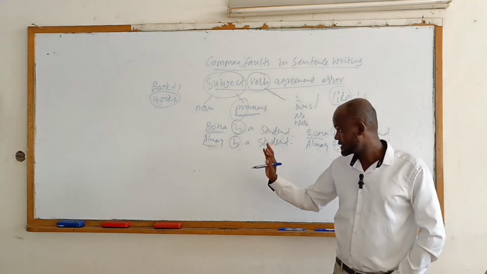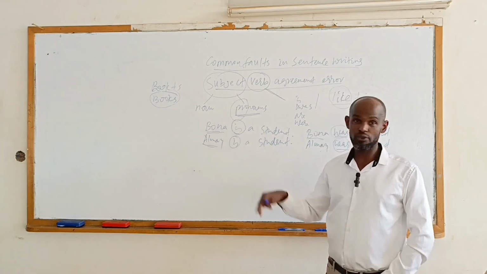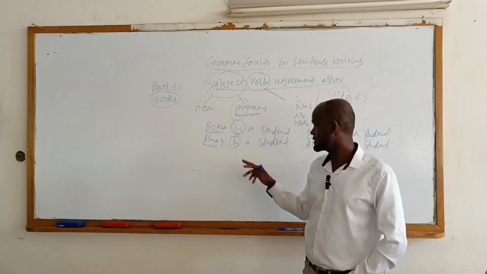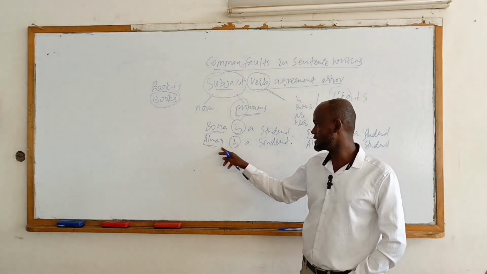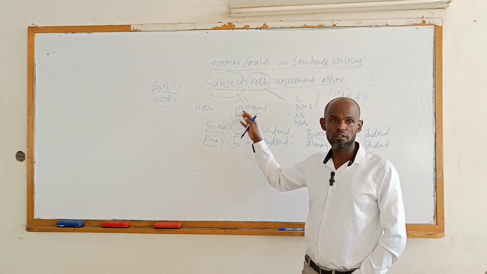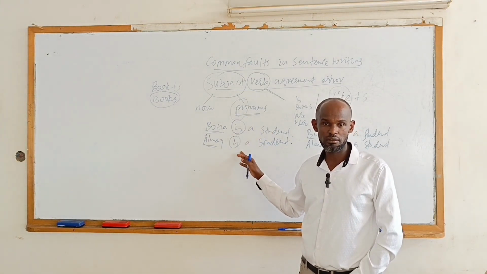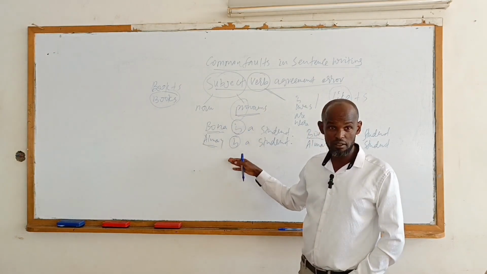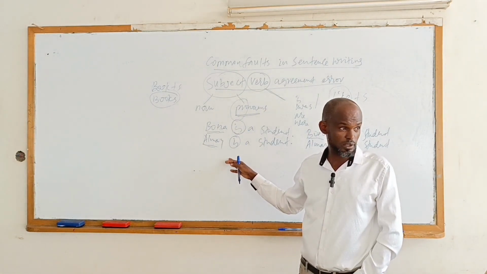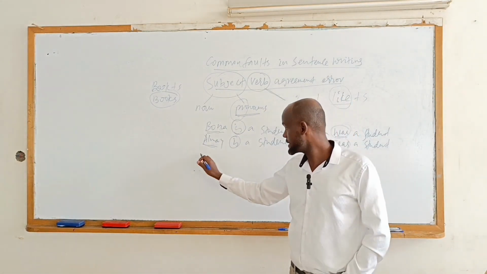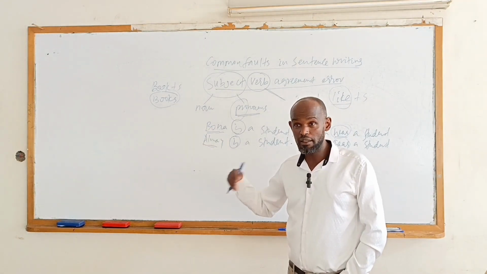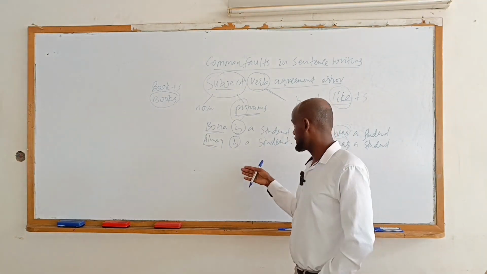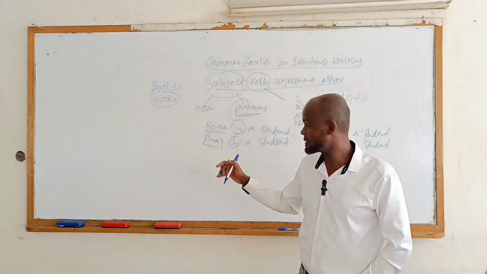Now, let's combine the two subjects together. If Bona is a student, if Almaz is a student, what if we write these two sentences in one sentence? We can, isn't it? We can merge them together to have a single sentence. Possible. Yeah. We can either say Bona and Almaz, or we can also use a pronoun.